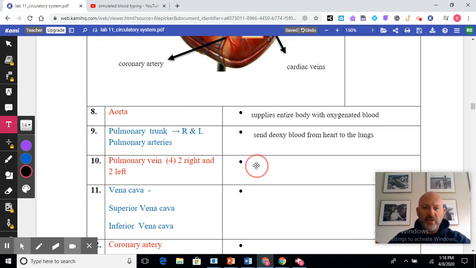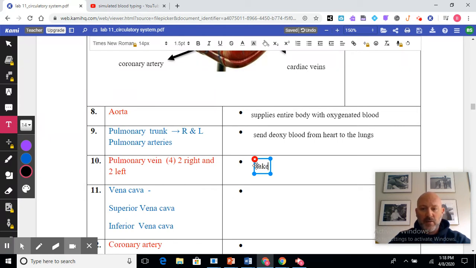Pulmonary veins are going to take that blood that has just become oxygenated in the lungs and send it back to the heart.